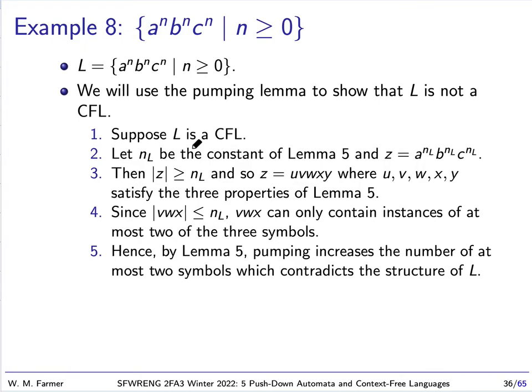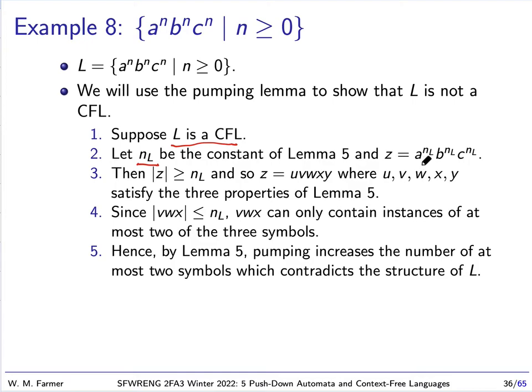So let's suppose the language is context-free. So we're going to make this assumption. And by the pumping lemma, we know that there's going to be this constant. We don't know how big it is, or we'd have to look at the proof of the pumping lemma to get some idea how big this is. But we know it exists.